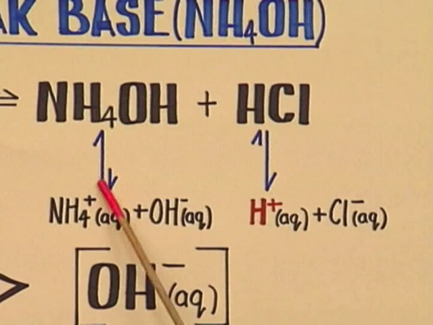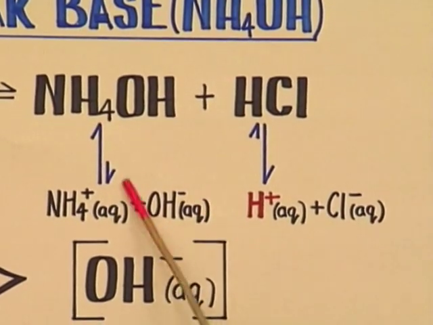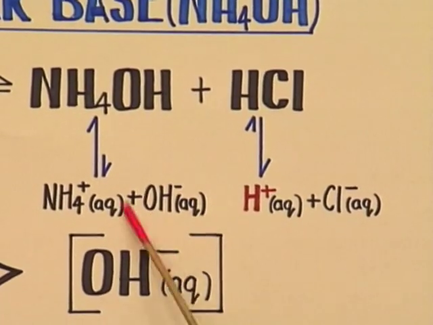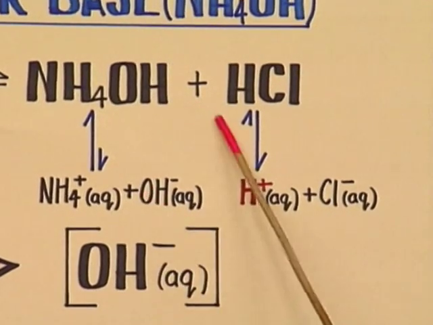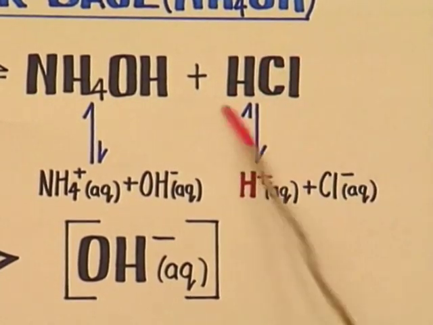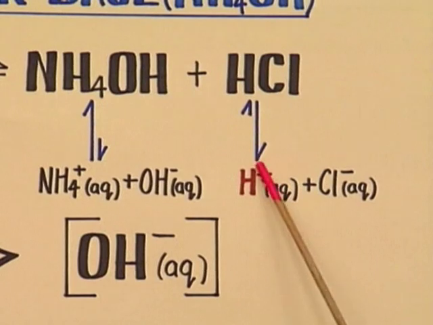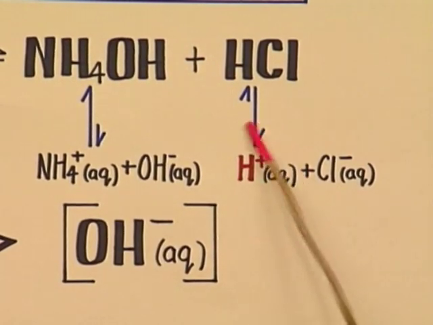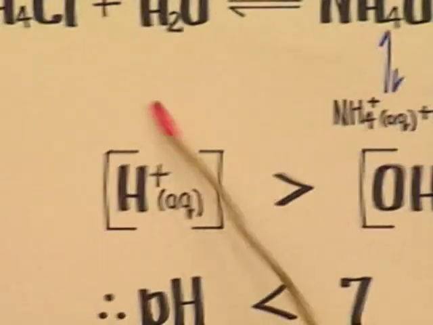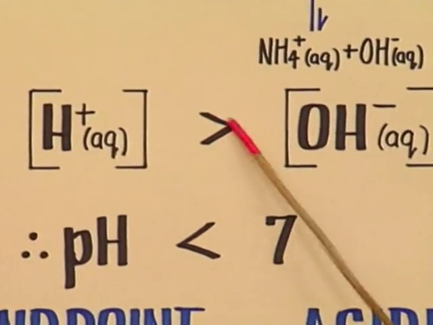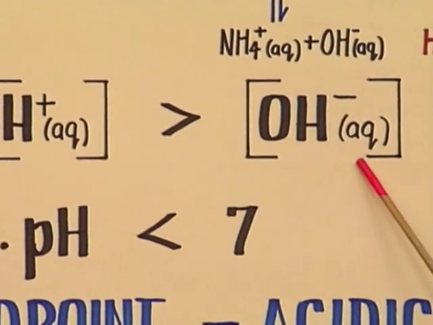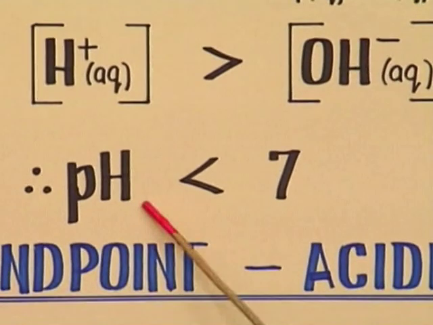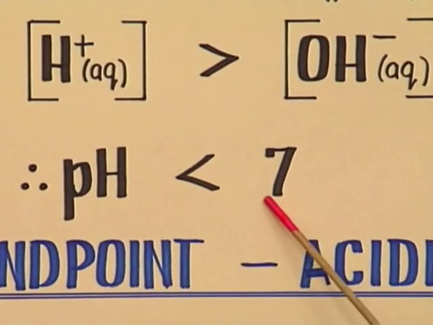The equilibrium lies far to the left, so we get a low concentration of hydroxide ions in solution. Whereas the hydrochloric acid is a strong acid which is virtually completely dissociated in water to produce a high concentration of hydrogen ions. The hydrogen ion concentration will therefore be greater than the hydroxide ion concentration, and the pH will consequently be smaller than 7.